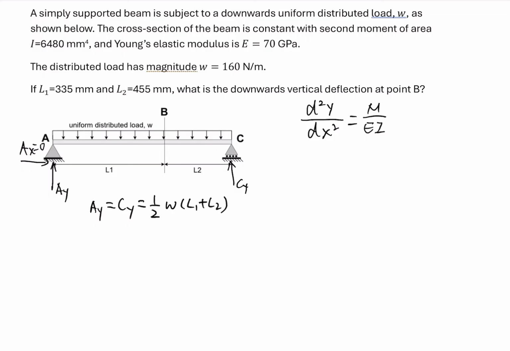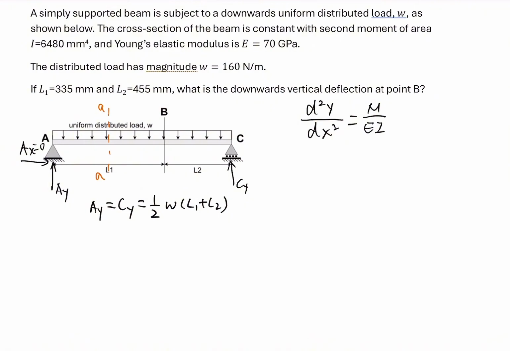So we need to know the internal bending moment. To find it, we cut the beam, cutting a section arbitrarily at section A to A. Then we look at this beam segment.